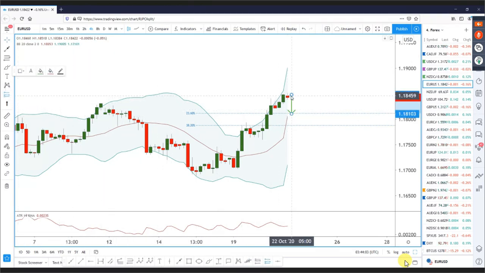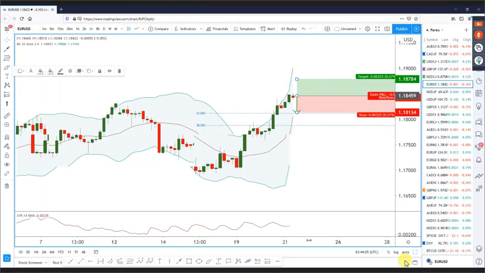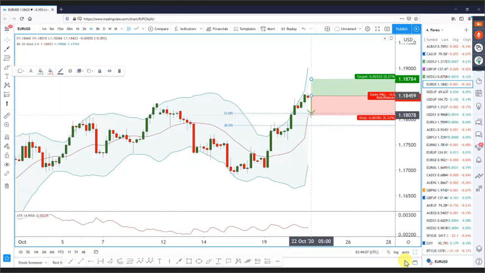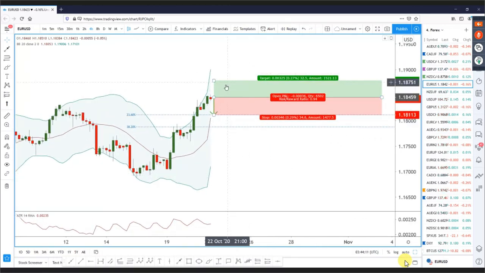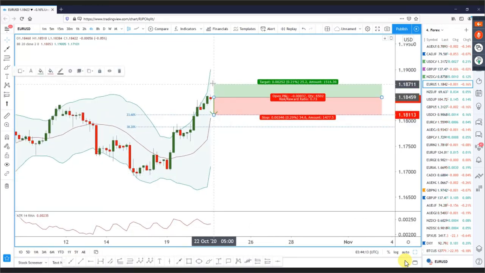So if I pull out my short tool, we have a potential of, let's say 27 for our stop loss. 23.5 actually, 23.5.